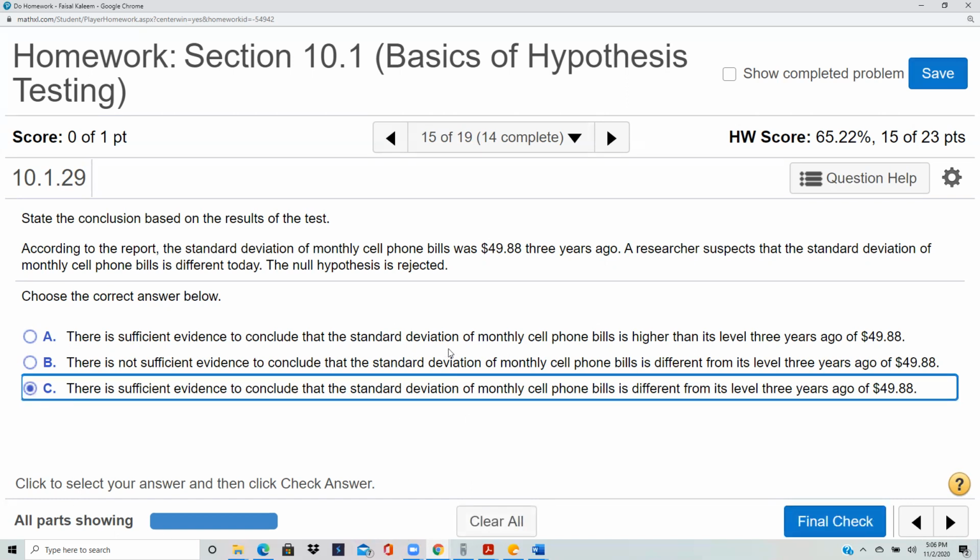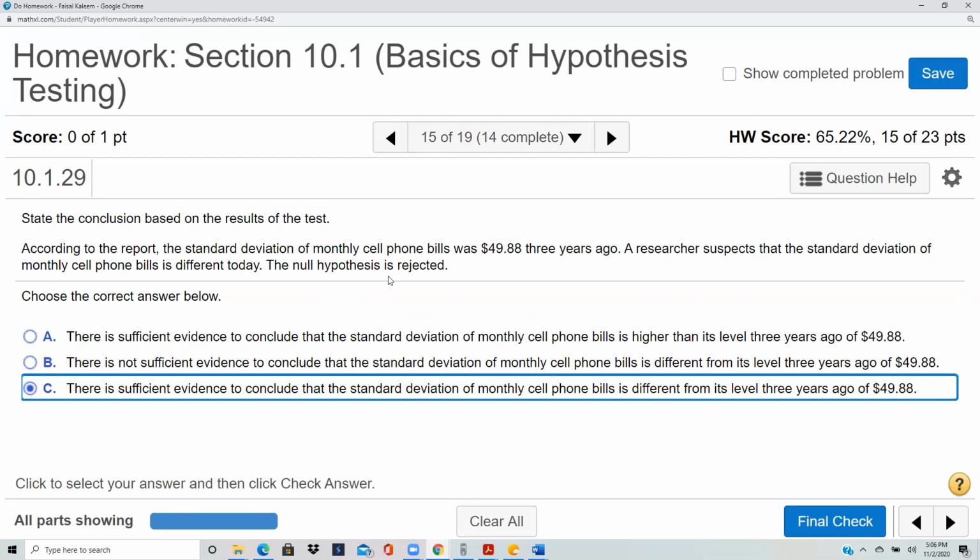So now that we've understood the concept, as a quick way to do these problems, whenever the null is rejected, it means there is evidence for the alternative. Whenever the null is not rejected, it means there is not evidence.